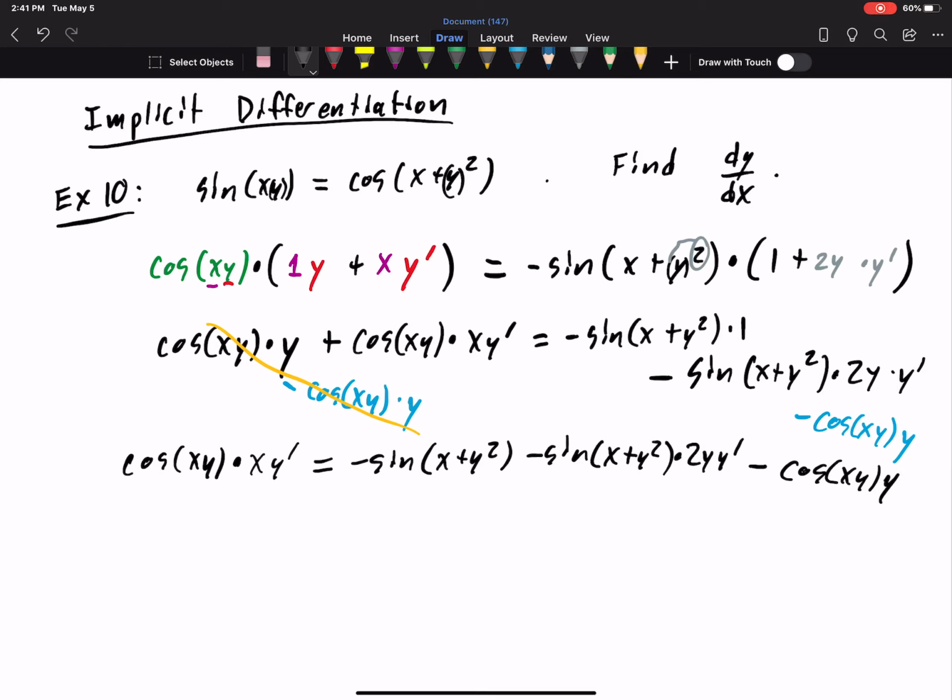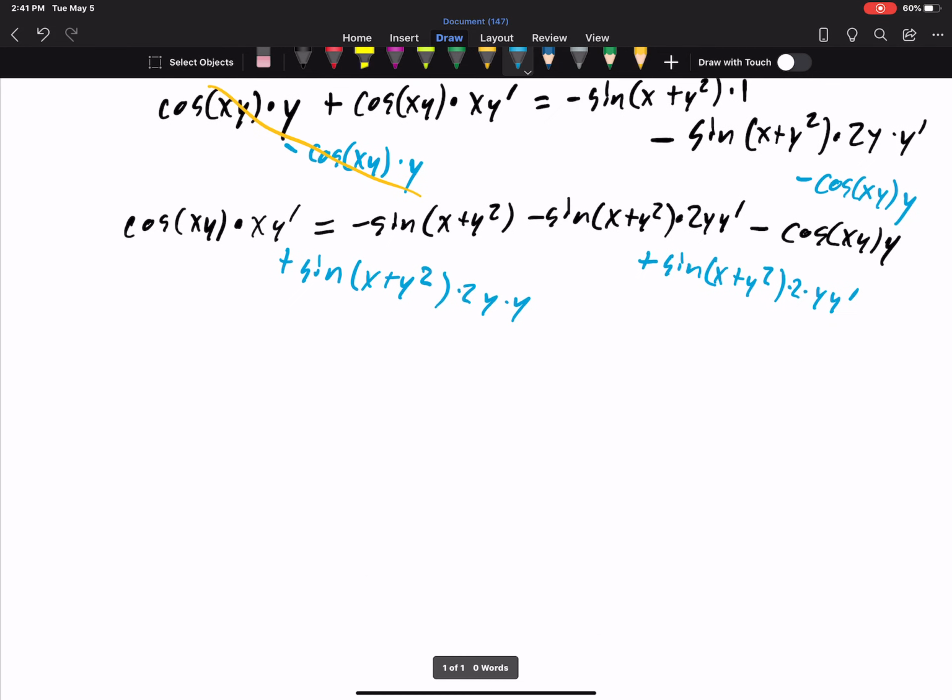Okay, not quite done yet. We still have a y prime on the right-hand side. So what we're going to do is we're going to add that to both sides. So we handle the right-hand side, and then now we need to do the left-hand side. Okay, now rewriting. There should be a prime on that y. There we go.